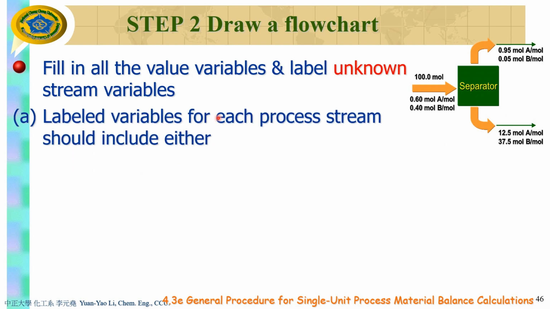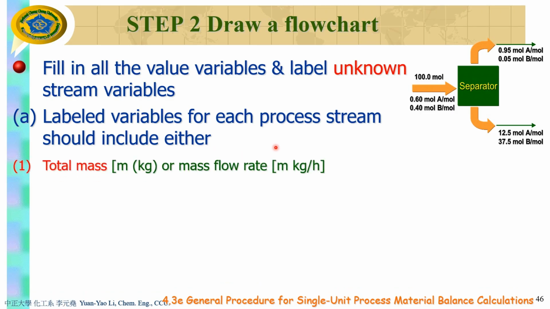And label the variables for each process stream, including either the total mass. This is called total. You have this stream, and then you put on this stream one of these three things. This is total mass.